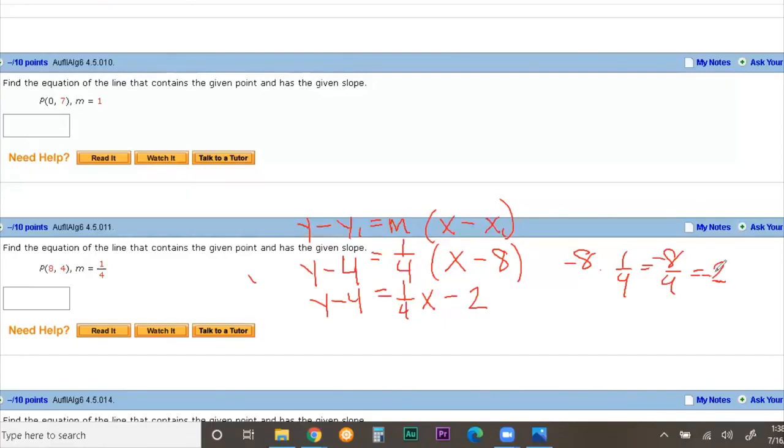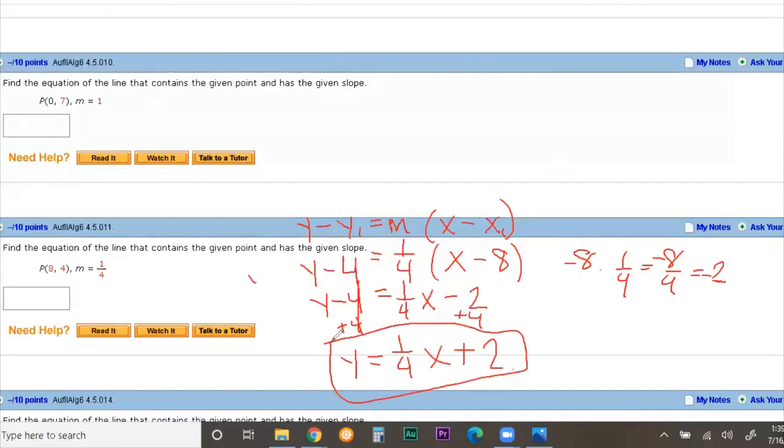So now that we have this side distributed, we can add 4 to both sides. So that's going to go away. And we're going to have y equals 1/4x plus 2. So this is our equation.